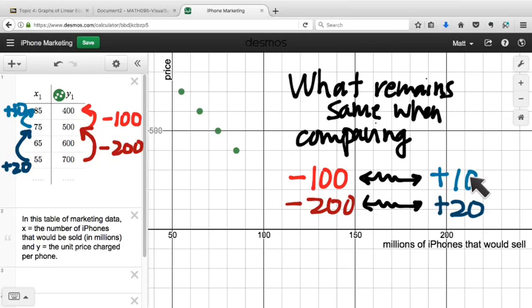How can I describe, maybe, how to turn one of these numbers into the other that works just as well for the first pair as it does for the second pair? Does anybody see what the relationship between the red numbers and the blue numbers is that's the same for both of these pairings? So we can look at it two ways.